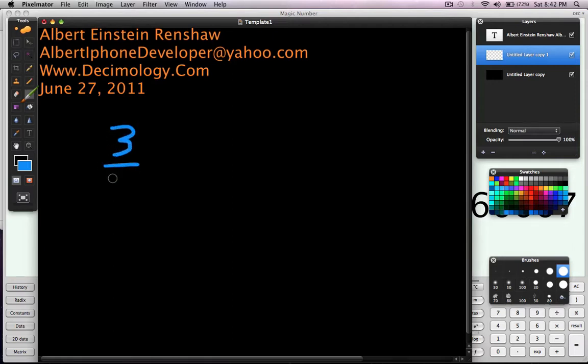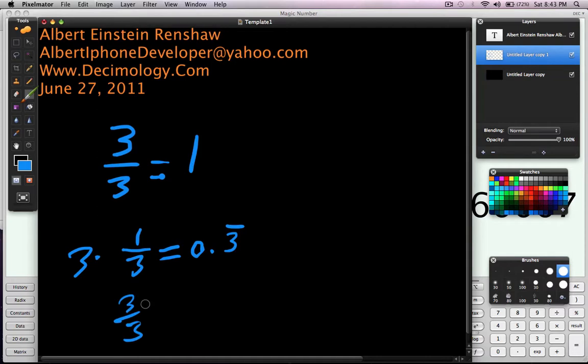But a quick example of why that works, if you ever need to explain this to someone, we can just say 3 over 3. Well, we know 3 over 3 equals 1, right? Now let's say 1 over 3. That's 0.3 barred. Okay? If we take 3 times this, I can just make that 3/3, which is 1.